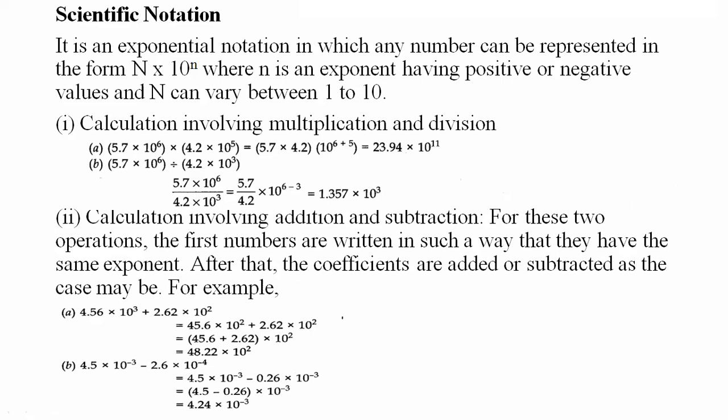Coming to the next one, scientific notation. So what is scientific notation all about? Whenever we are representing the molecules, it is an exponential notation in which any number can be represented in the form N into 10 raised to n, where n is an exponent having positive or negative values, and capital N can vary from 1 to 10.